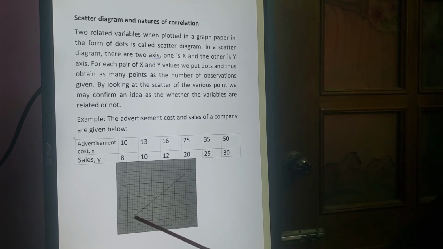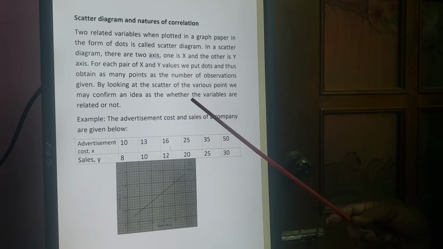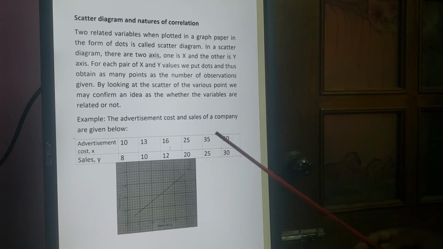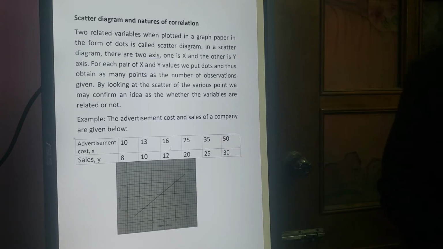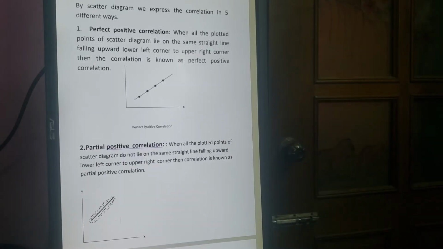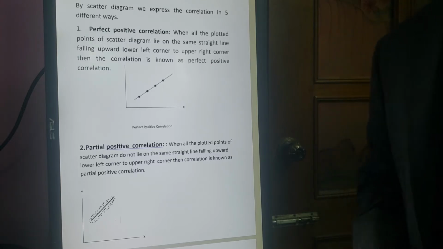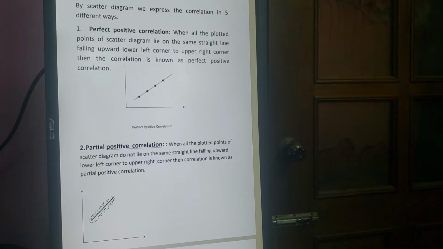You can draw a line or not. You draw the line only to test whether the dots are on the same straight line or not, just to justify it. There is no need to draw the line to describe the scatter diagram. By scatter diagram, we can also describe the nature of correlation.